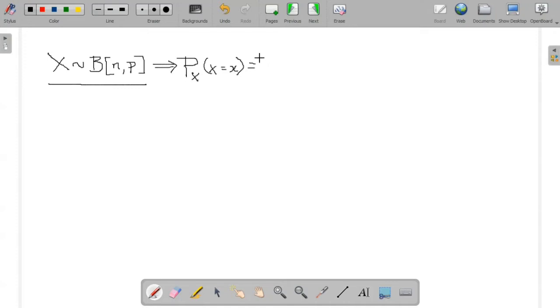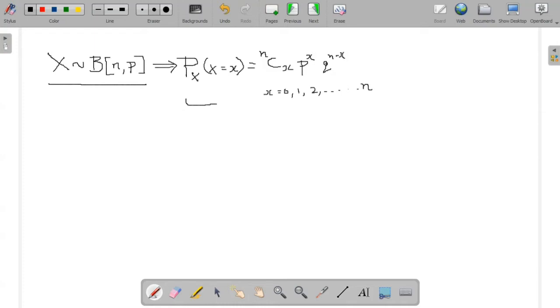is nCx p^x (1-p), which is q, to the power n minus x, where small x can take values 0, 1, 2, up to n.